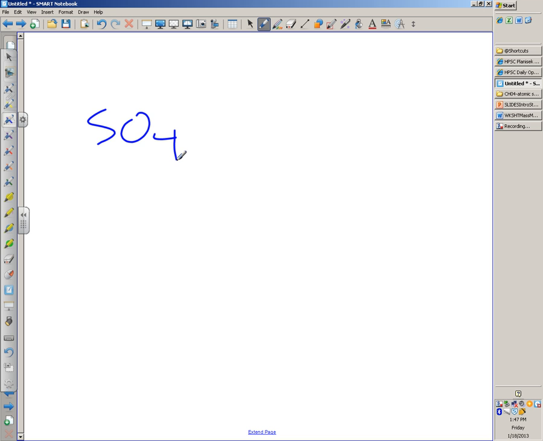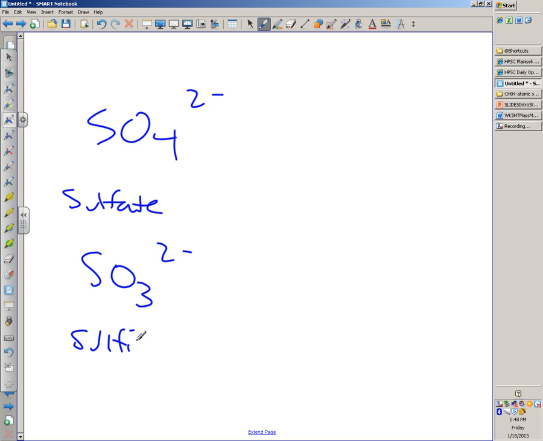This is sulfate, okay? And this has a -2 charge. And this, for example, is sulfite. It just has to do with the number of oxygen atoms that are there.